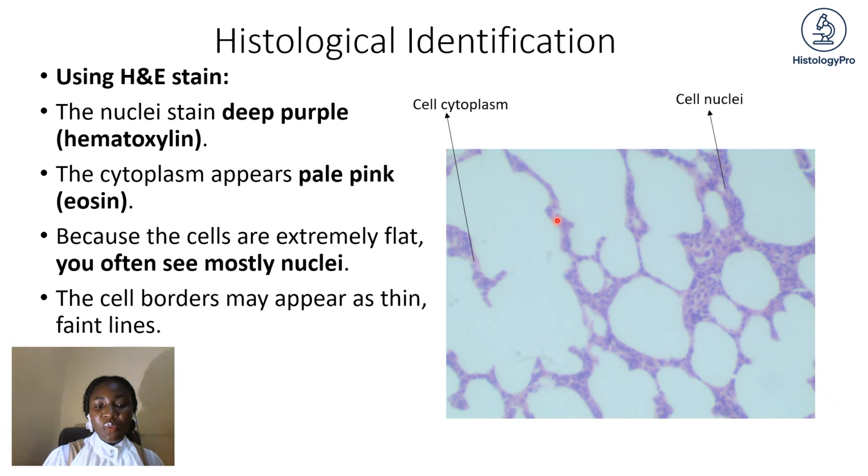This is the effect of eosin. Because the cells are extremely flat, you often see mostly nuclei, as you can see in these slides, and the cell borders may appear faint or thin.